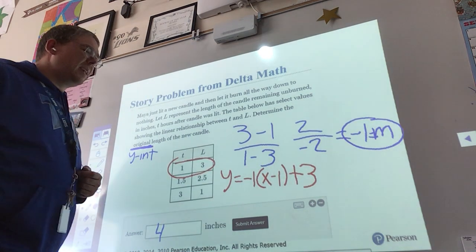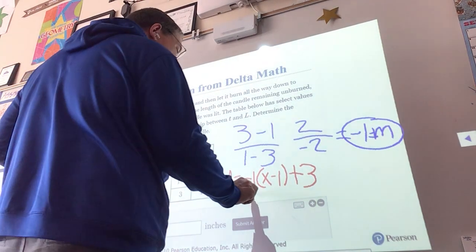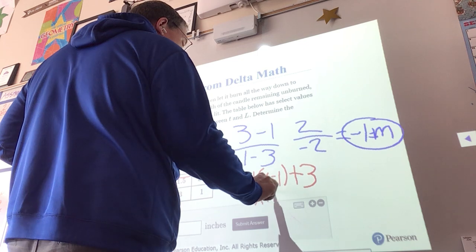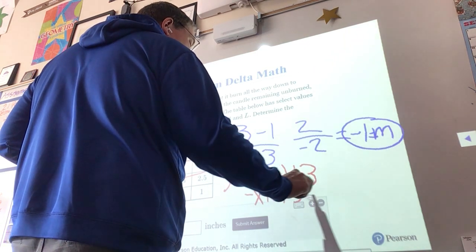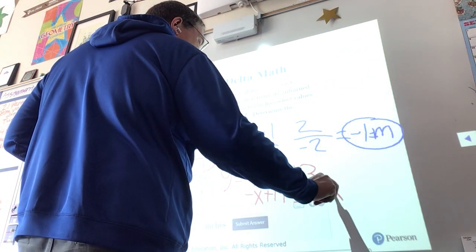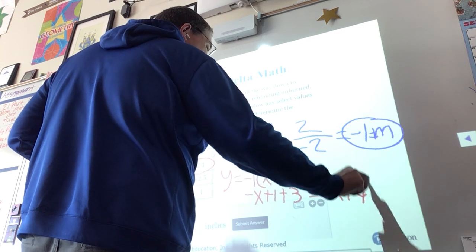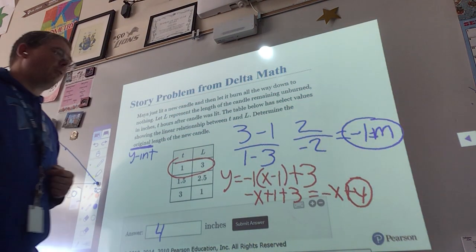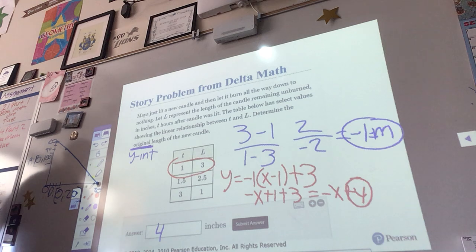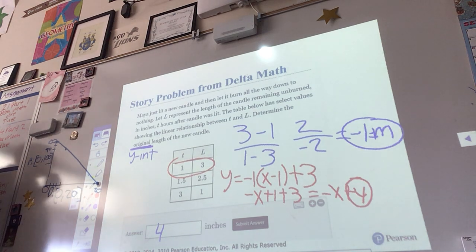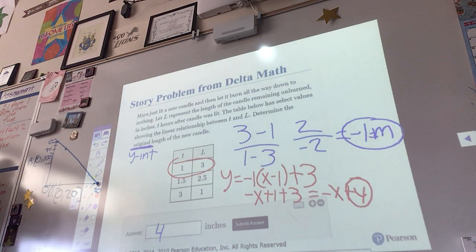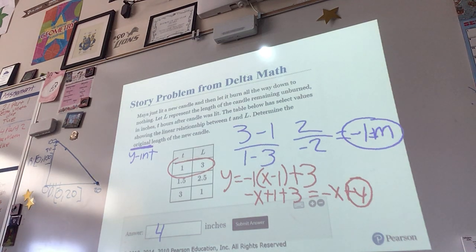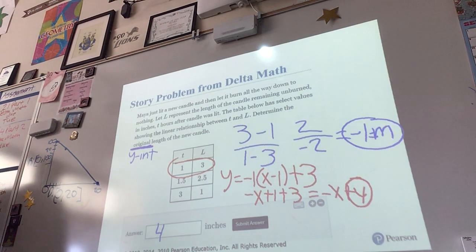I could distribute the -1 through, I could get -x plus 1 plus 3 equals -x plus 4, and that would also be my answer, +4. Okay? So you can either think about it, kind of work backwards in your head, or you can plug it into the formula and figure it out from there. Okay, either way, the original length of the candle was 4 inches.